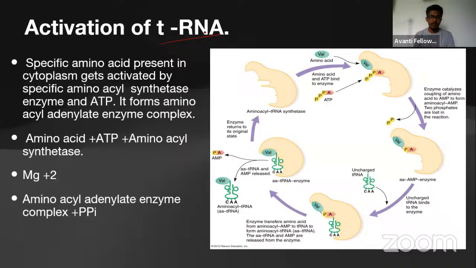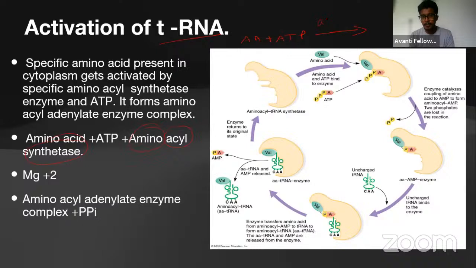Now, let's say that we have an amino acid. The amino acid reacts with ATP. Amino acid reacts with what? Adenosine triphosphate. To react with adenosine triphosphate, an enzyme called amino acyl synthetase is required.